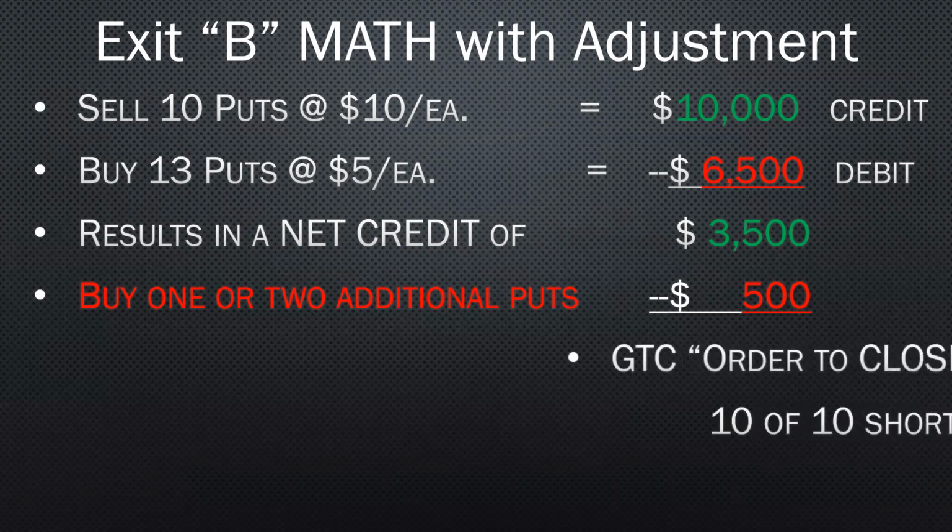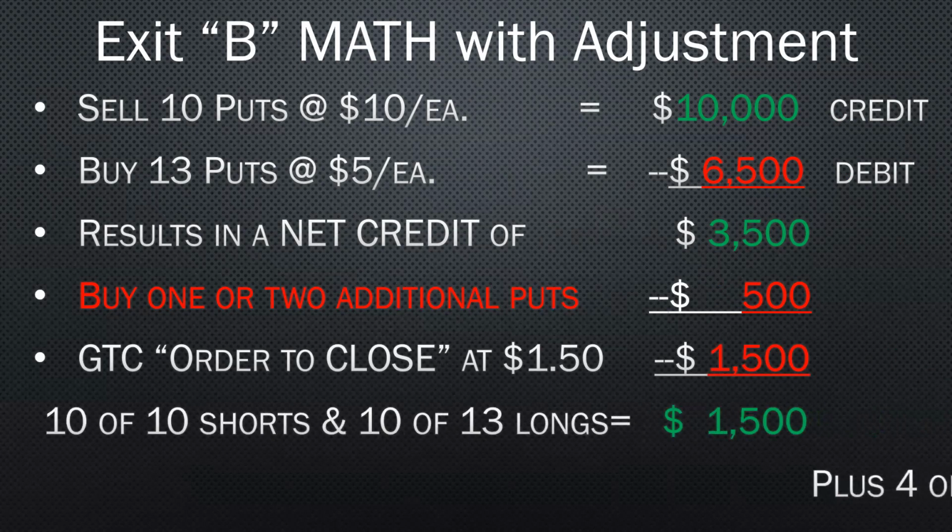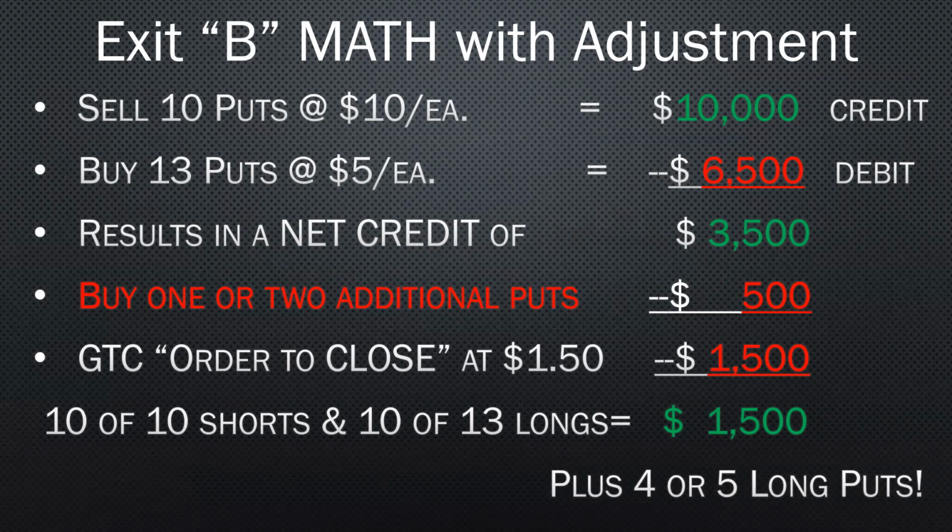That means that we would have a good till cancel order to get out at $1,500, 10 of the 10 shorts, 10 of the 13 longs, plus 4 or 5 extra long puts. So we're going to have a little less money, about $1,500 instead of $2,000, but now we're going to have 4 or 5 long puts, and we only have that if we need to adjust the trade.